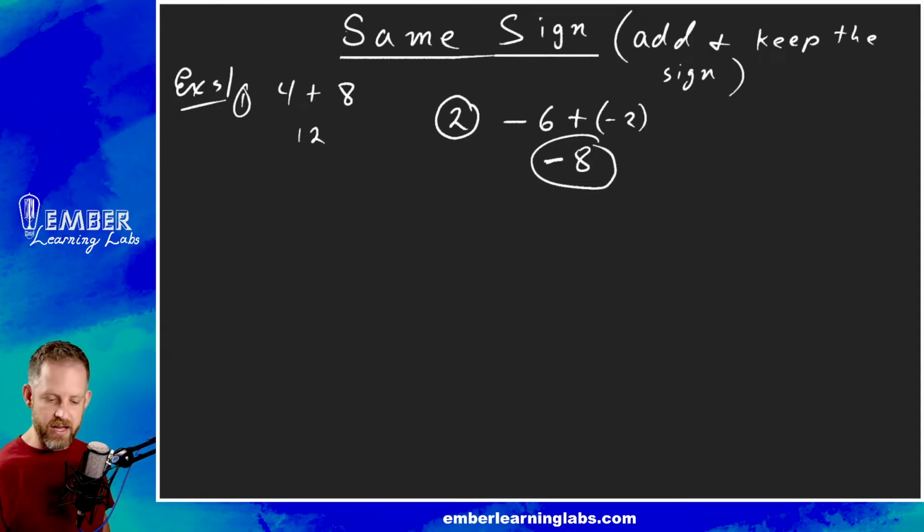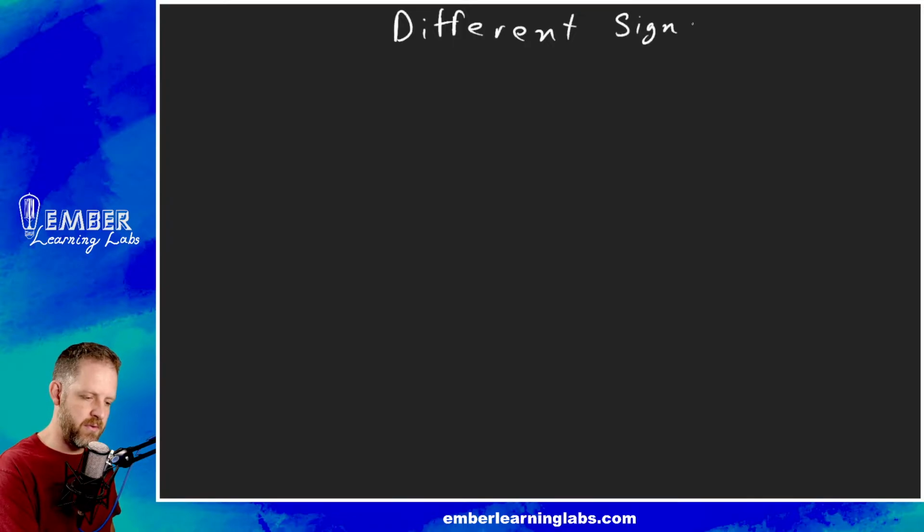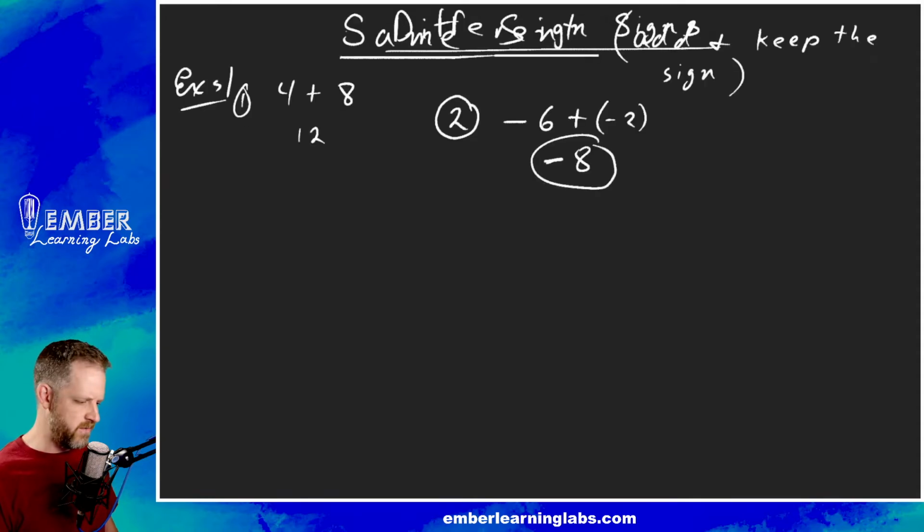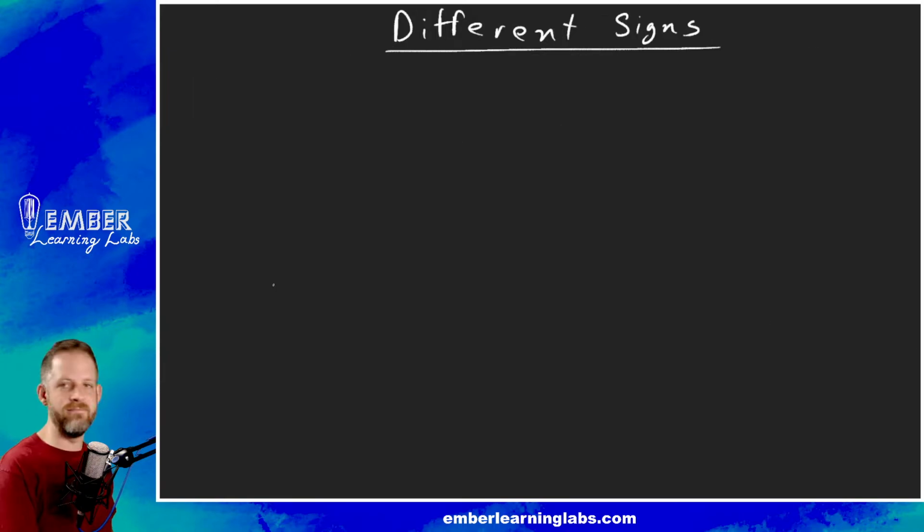What about if they have different signs? The example we're going to look at is example 3.